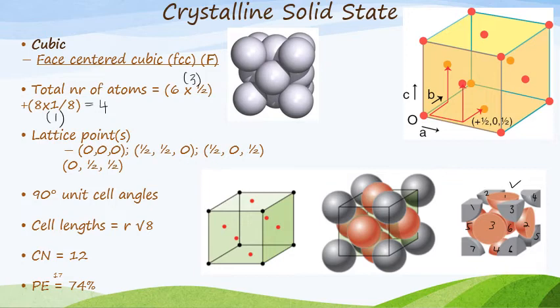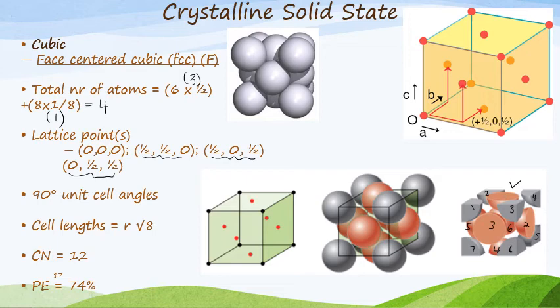And then we have, because the ones at the faces count 1/2, you will see that in this case here, this one doesn't move in the A direction, but it moves a half in B and a half in C. And then this one here doesn't move in the C direction, but it moves a half in A and a half in B, and this one here moves a half in A, stays stationary on B, and moves a half in C. Again, the angles are 90 degrees.